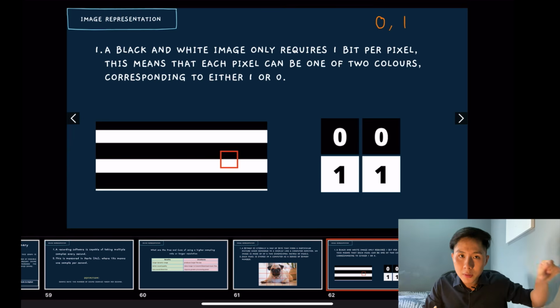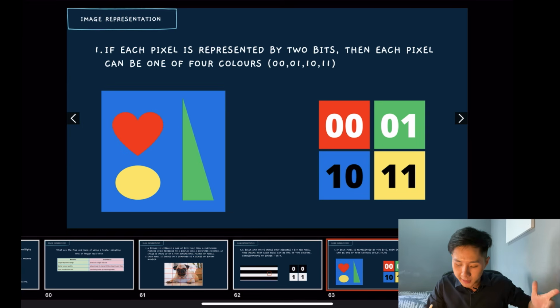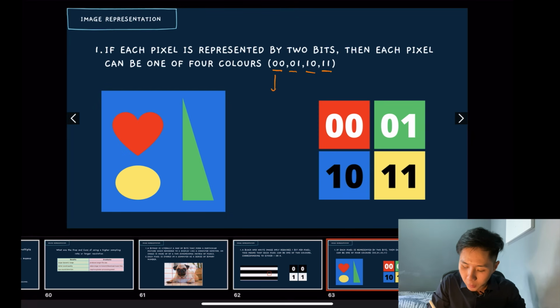However, if I were to increase the number of bits used in each pixel, so imagine if I use 2 bits in 1 pixel, I would have 4 possible values: 00, 01, 10, 11. And I can assign each code here to one unique color: color 1, color 2, color 3, color 4.